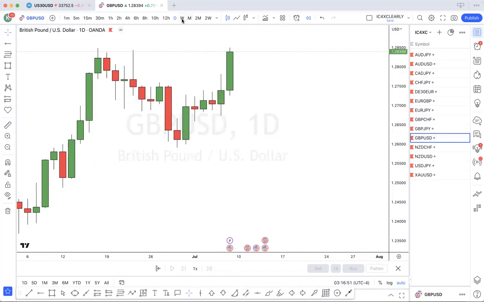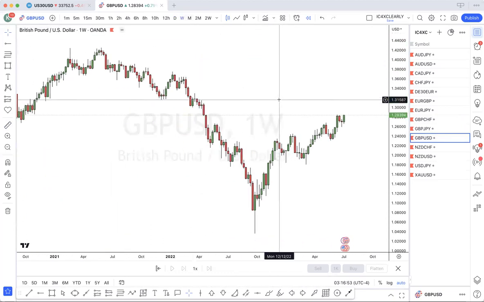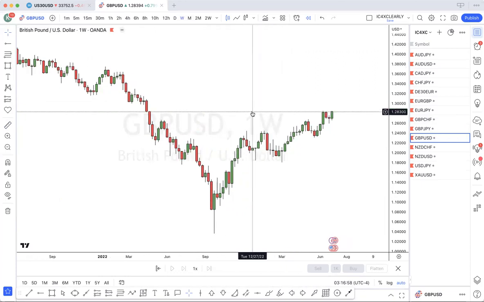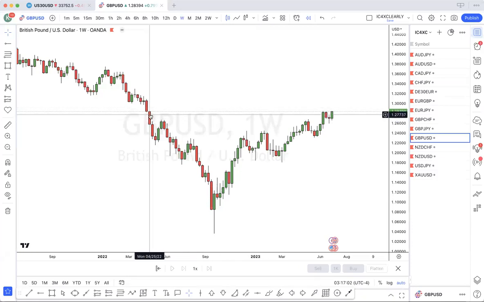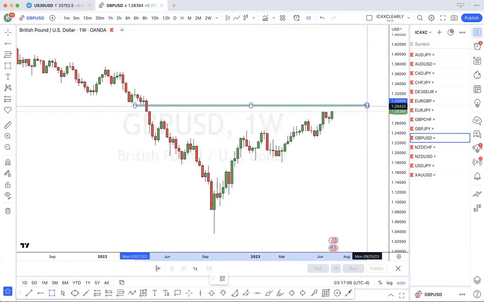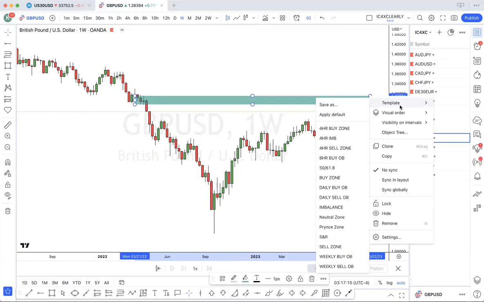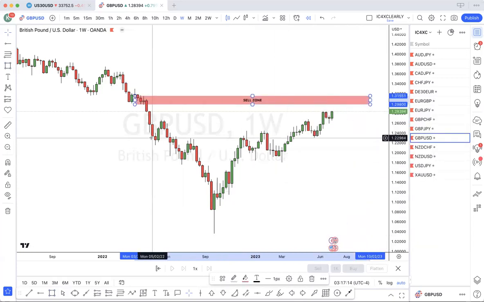GBP/USD, we have a weekly bullish order block. Price has tapped into this imbalance here, but we have an order block here.